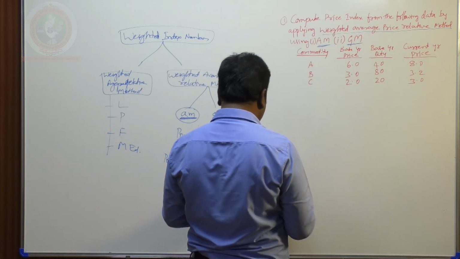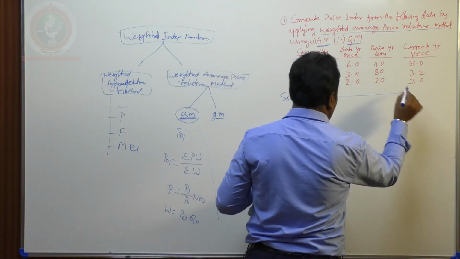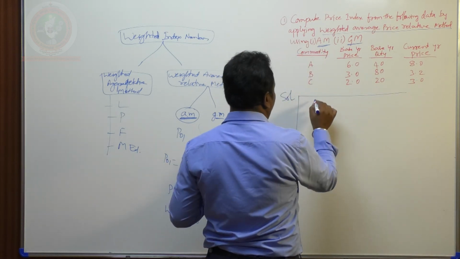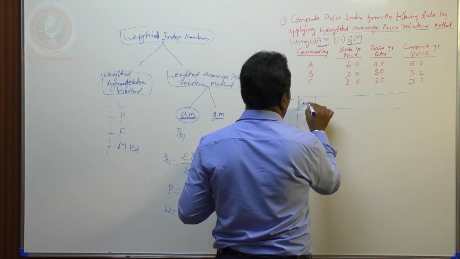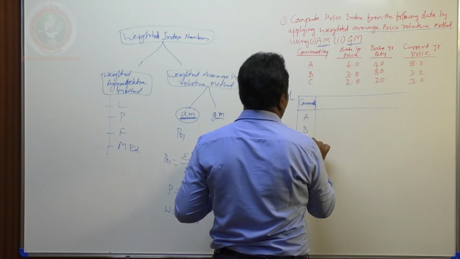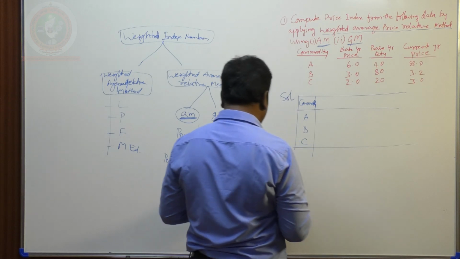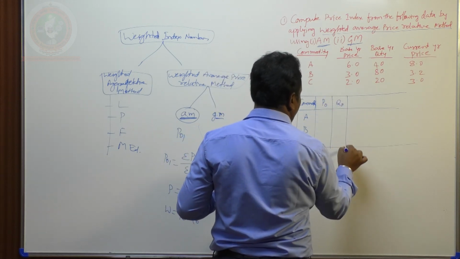Under this table solution, we have the commodities A, B, C, only three commodities, then P0, Q0.